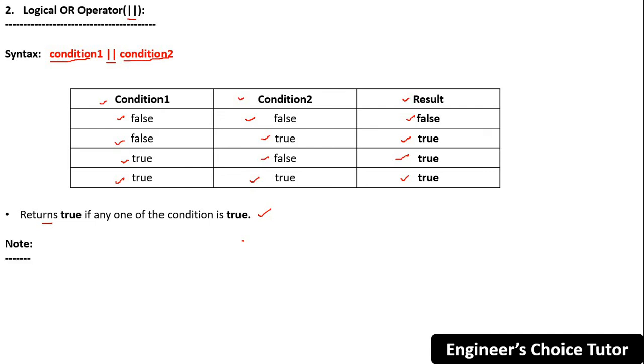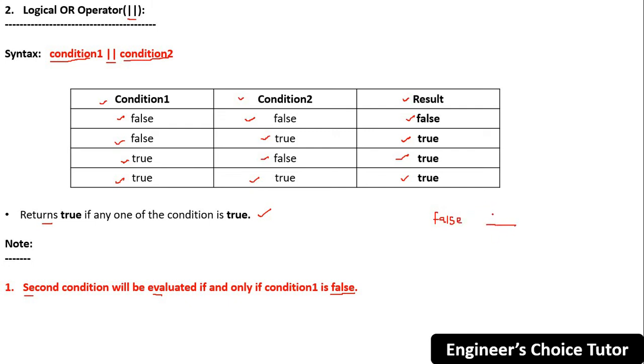Fine. So note, second condition will be evaluated if and only if condition 1 is false. If condition 1 is false, then only second condition evaluation is required. Because if in the second condition evaluation you get true, then the overall result will be true.